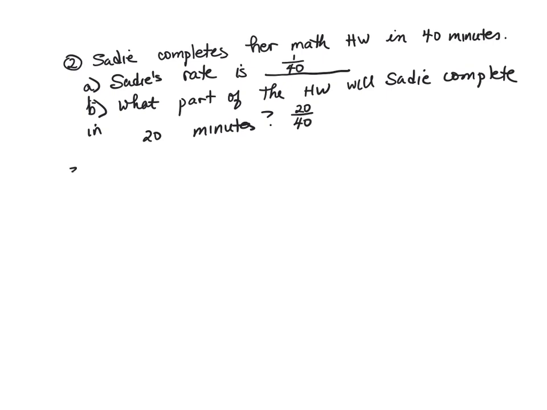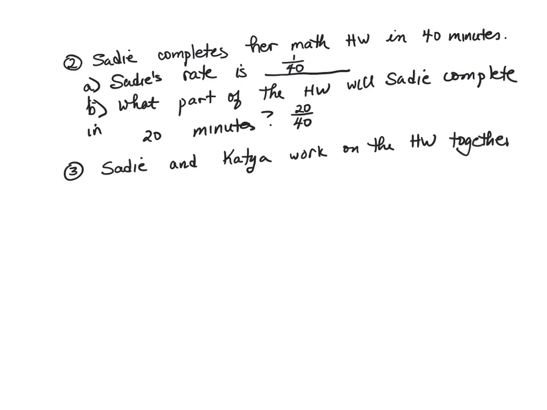Now, suppose Sadie and Katya work on the homework together. But they're not doing the same problems. Suppose Sadie does the problems on one page and Katya does the problems on another page. So their goal is to finish the homework and look at each other's work, so they don't go over the same problems.